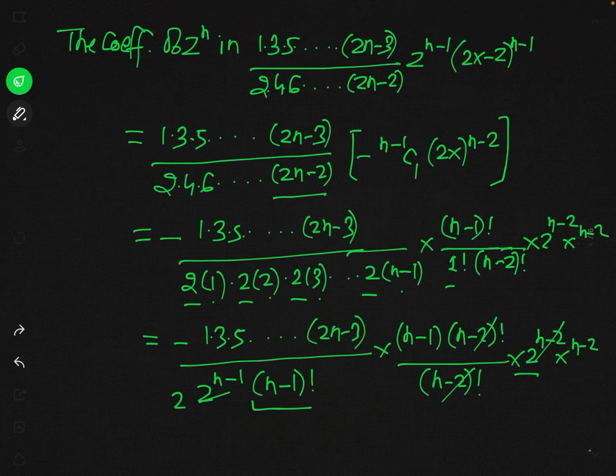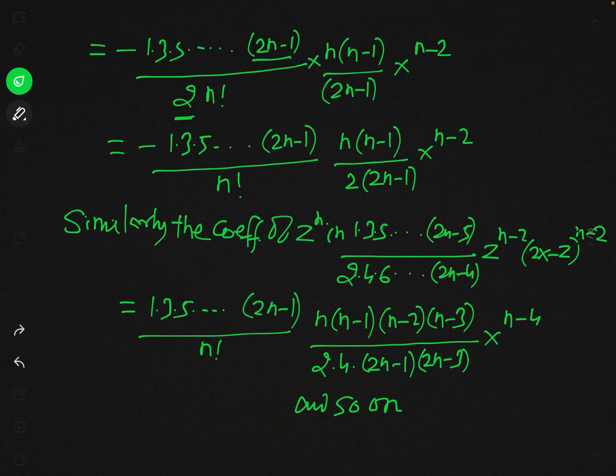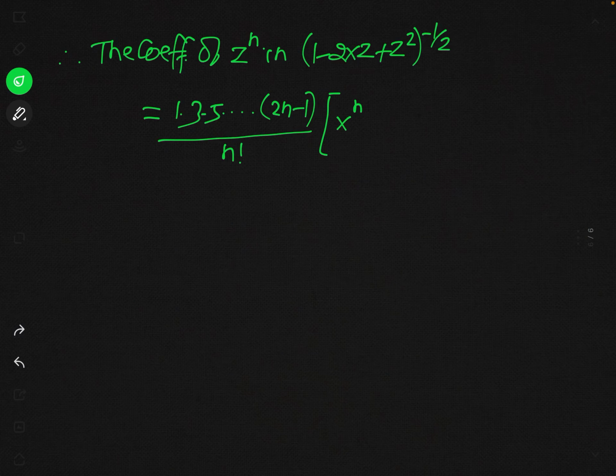So this is x to the power n, and in the next term there remains minus n into n minus 1 by 2 into 2n minus 1 into x to the power n minus 2.